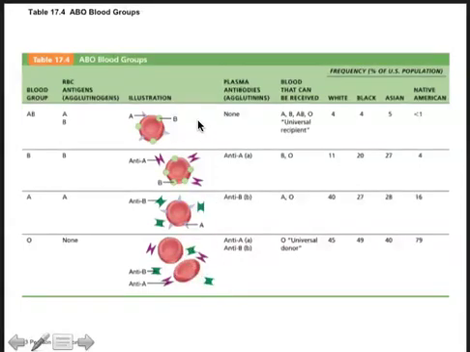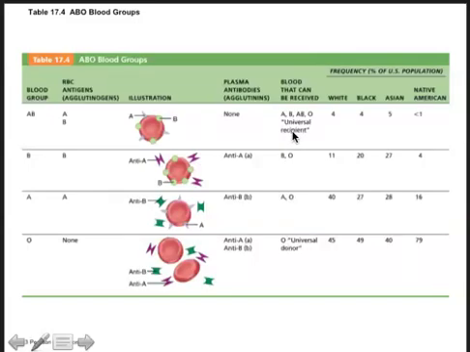So these individuals can receive blood from any of the other blood types. They can receive A, B, AB, or O. It doesn't make any difference because they have no plasma antibodies against either the A or B antigens. Okay? So they are called universal recipients.